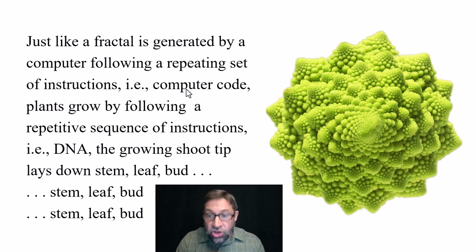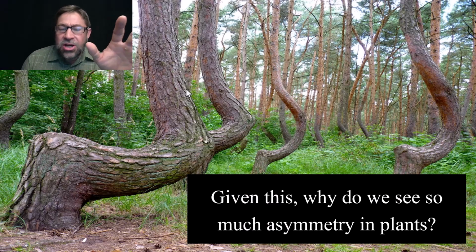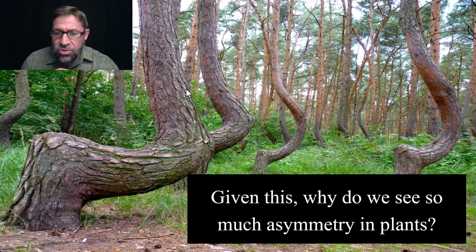The growing shoot is going to lay down stem, leaf, bud, stem, leaf, bud, ultimately producing Romanesco with its really cool fractal morphology.